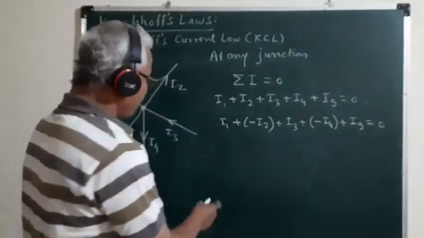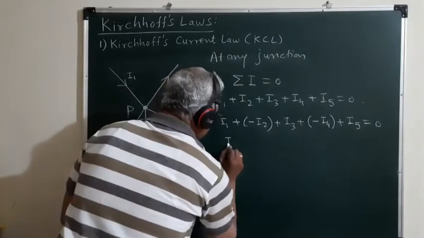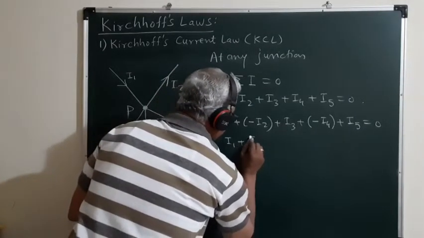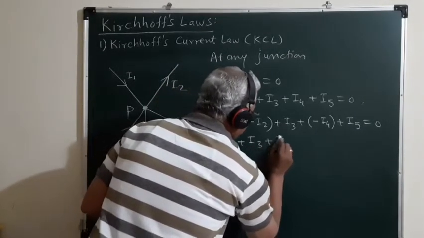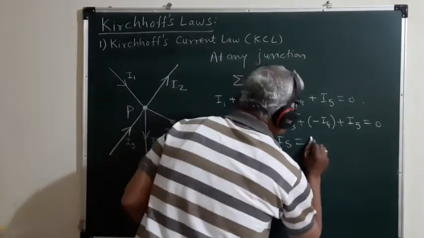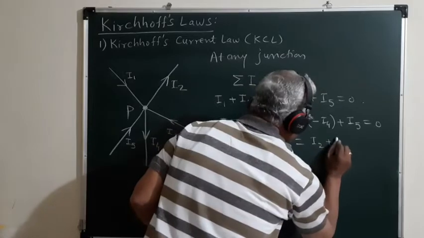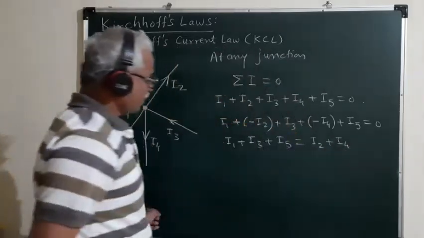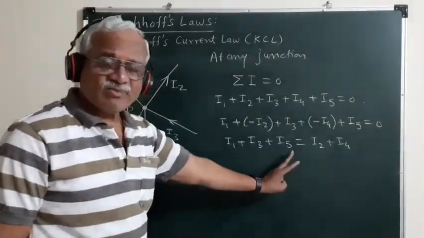So this can be expressed as I1 plus I3 plus I5 is equal to I2 plus I4. What is the left hand side of this relation?